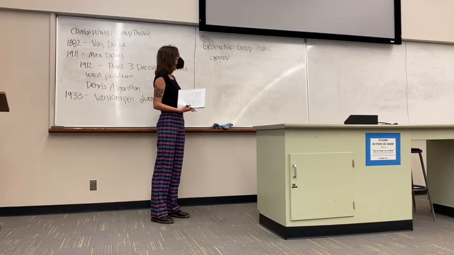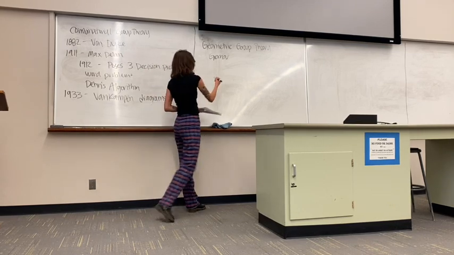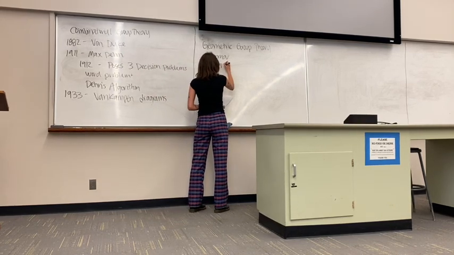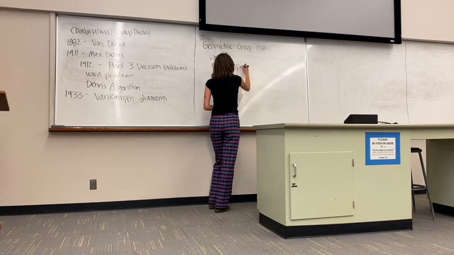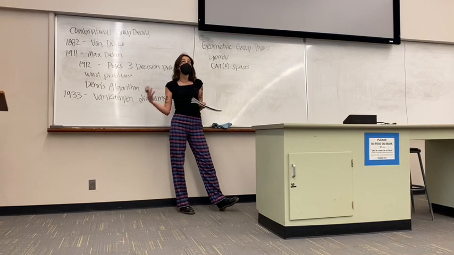In the late 80s and early 90s, Gromov introduces the notion of cat-zero spaces, which are a special type of metric space, which again exhibit non-positive curvature.